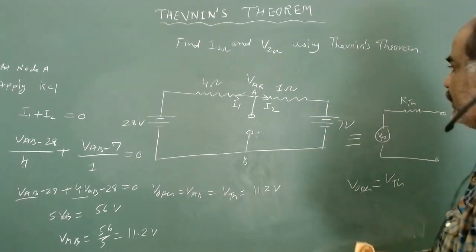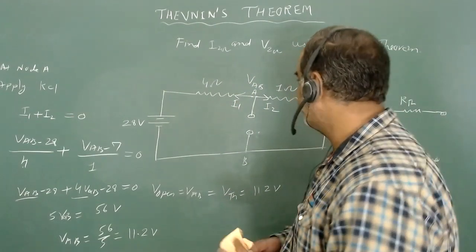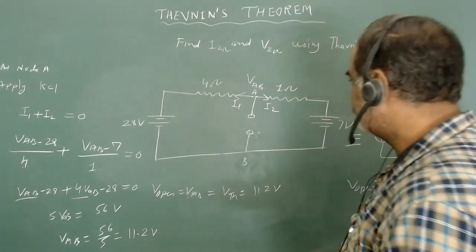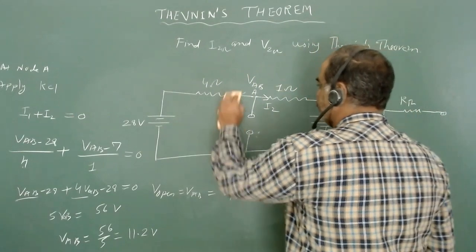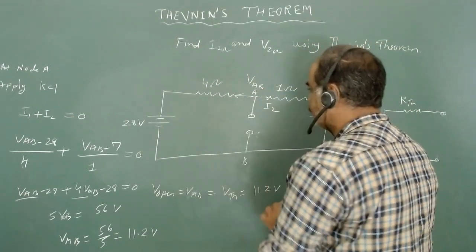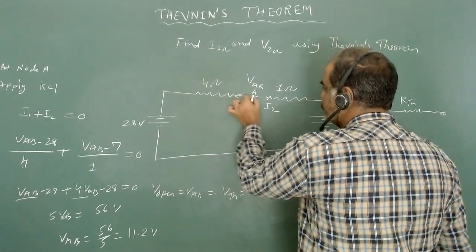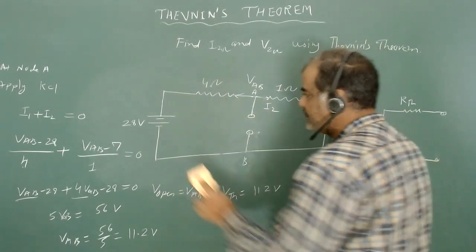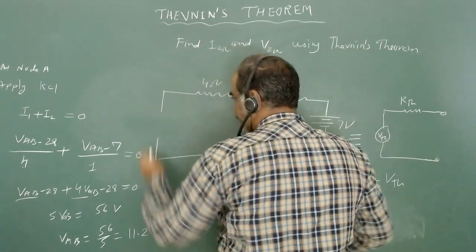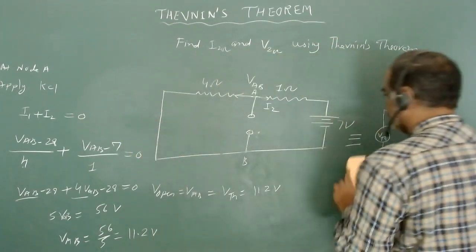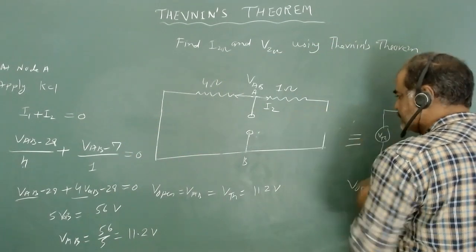Now my next aim is to calculate R Thevenin. In order to calculate R Thevenin, I am supposed to turn off all the independent sources. That means these independent sources will be replaced by short circuits. If there are current sources, they will be replaced by open circuits.